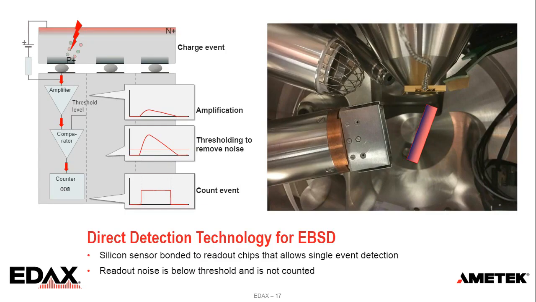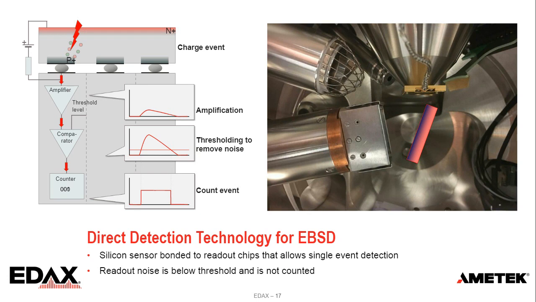As a little schematic of how this detector works, it's what's called a hybrid pixel direct detector. This is a schematic of the detector here on the left. The sensing material is on the top, bump bonded down to the readout circuitry. When the electron hits the sensor, it generates a charge. That charge is then drawn into the amplifier where it's amplified.